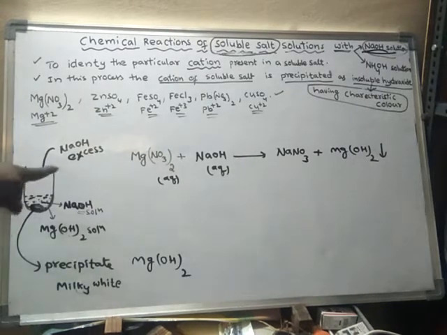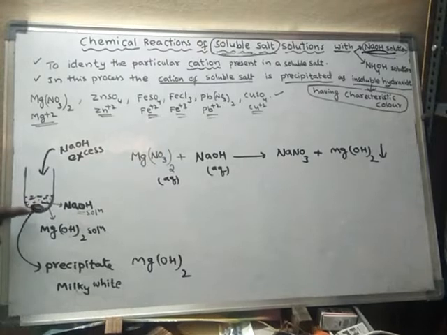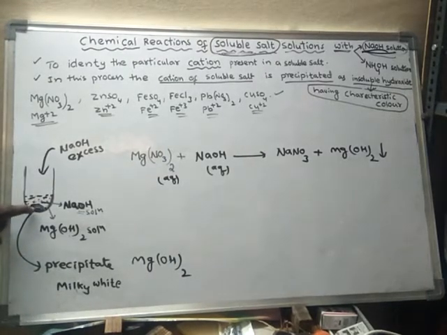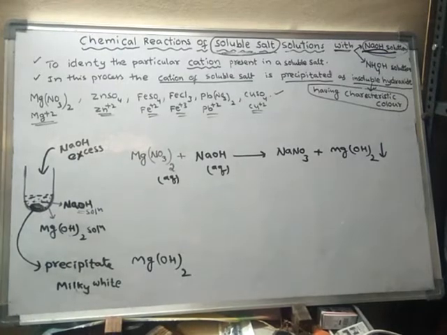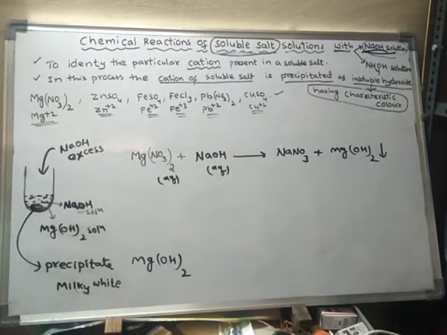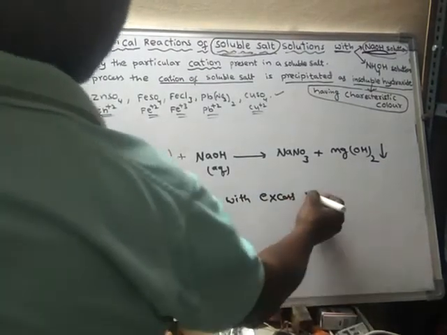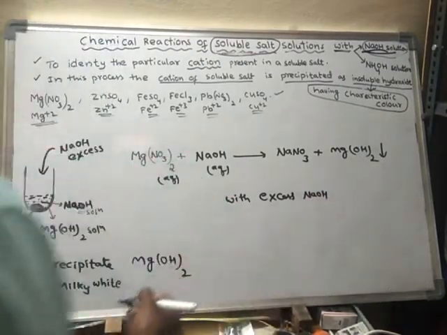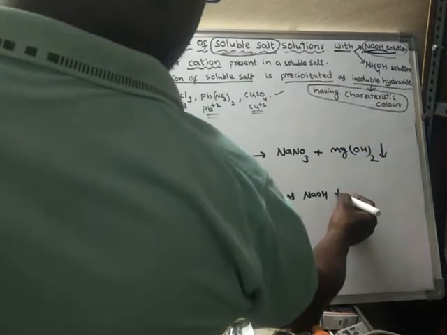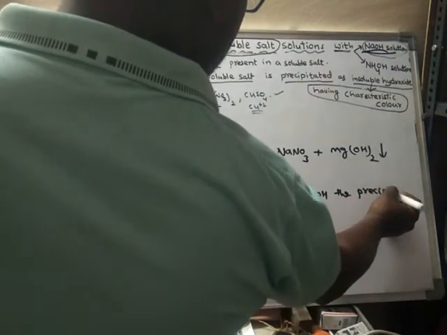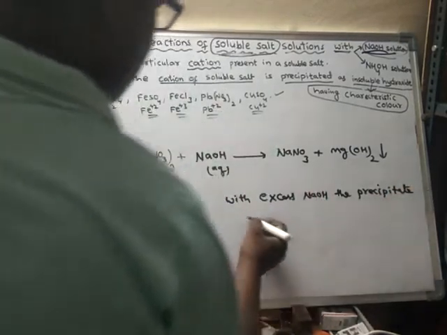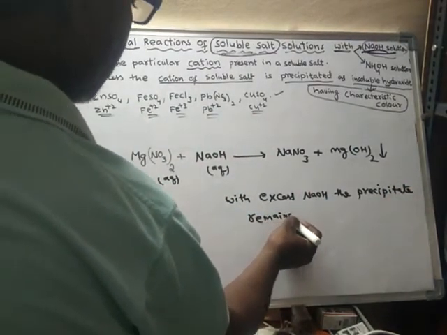When excess NaOH is added, the milky white precipitate is insoluble; even with the addition of excess NaOH, the precipitate remains insoluble.